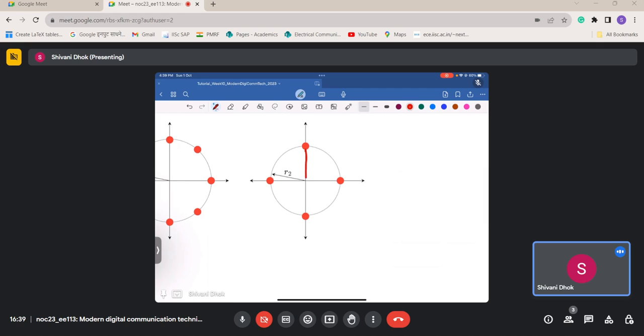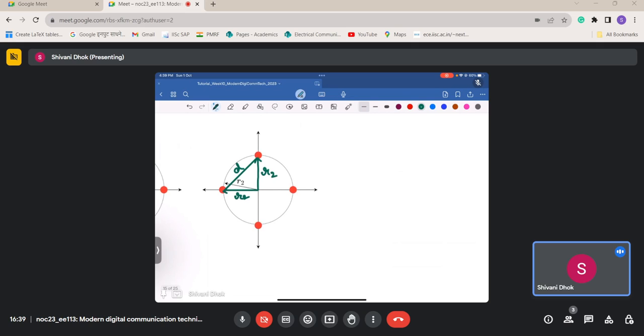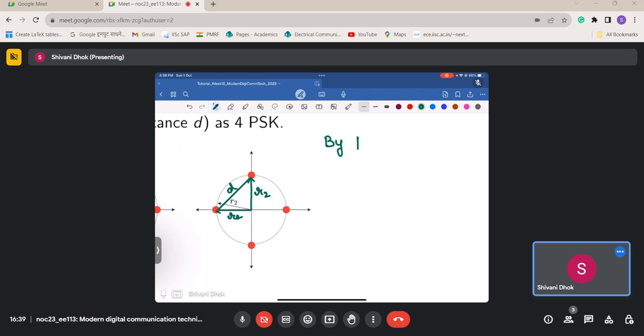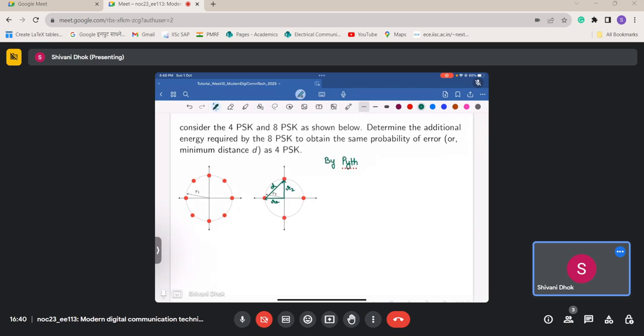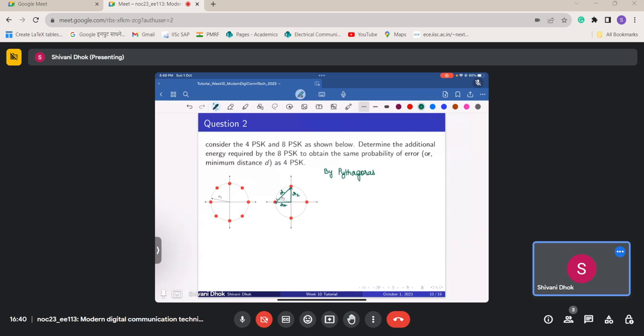Okay, so now this is R2, this is R2, this is also R2, and this thing is D. So what we have is, by Pythagoras theorem, D square is equal to R2 square plus R2 square, that is 2 R2 square, which means that R2 square is equal to D square by 2.